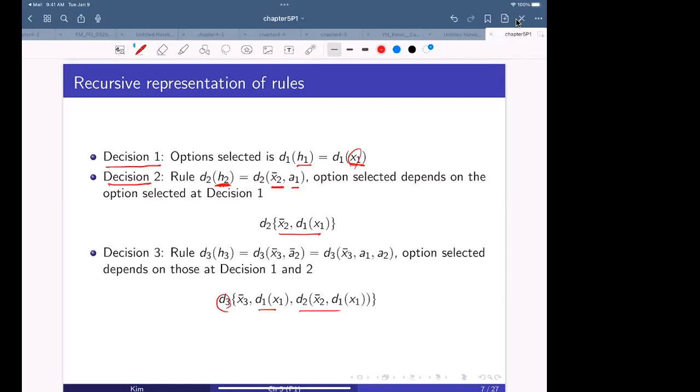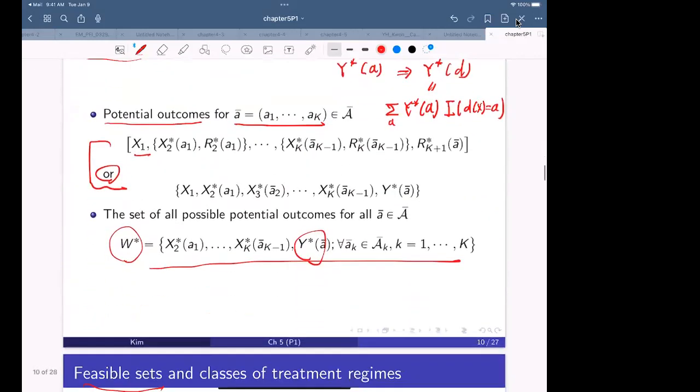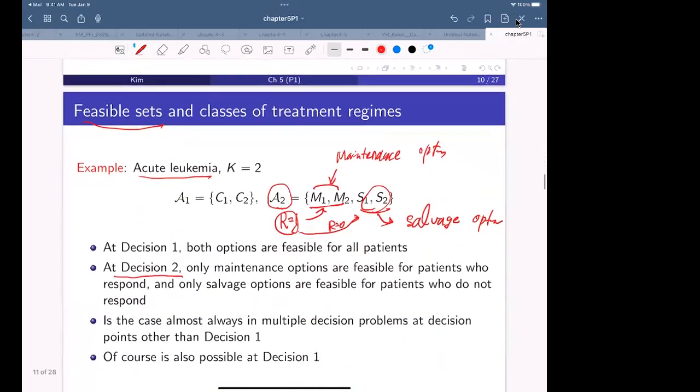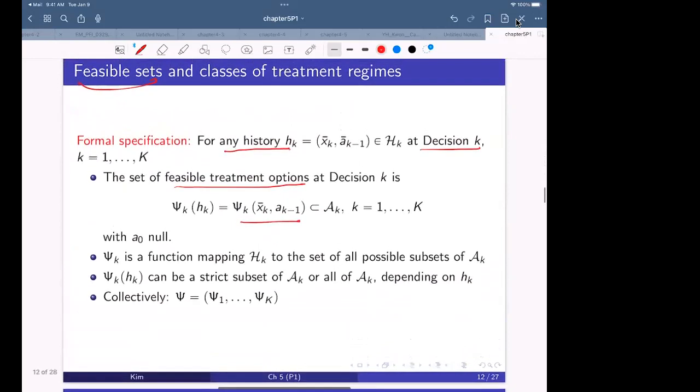So d should just depend on the history. Yeah, the history, but the history is different from the potential action, right?